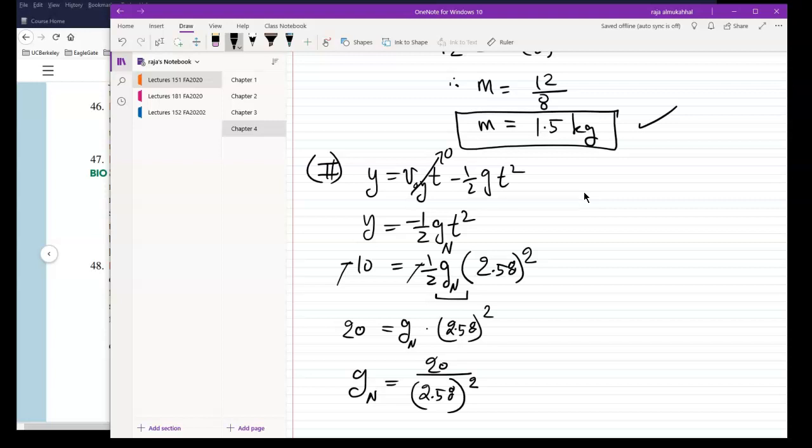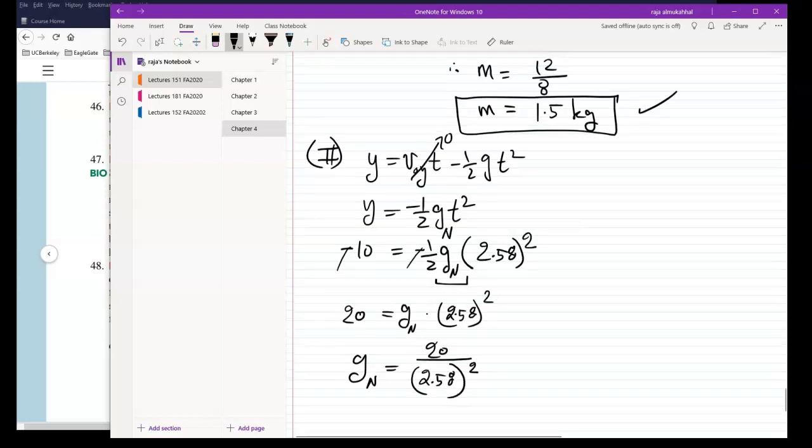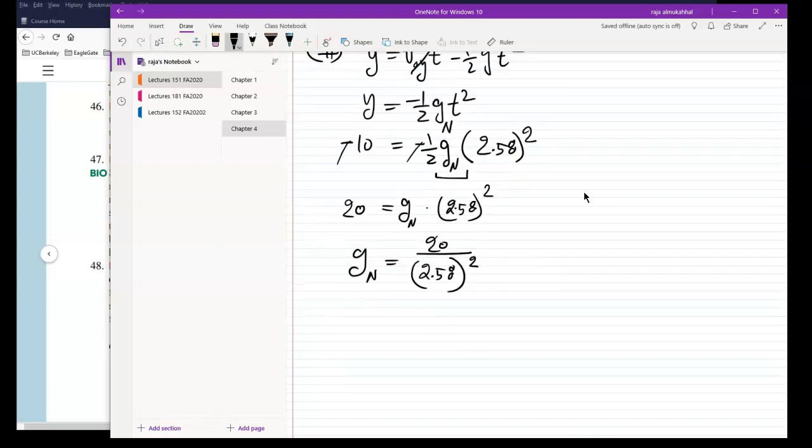Let me do it again. I got 3 again. So g on Newtonia is equal to 3 meters per second squared. Aha.